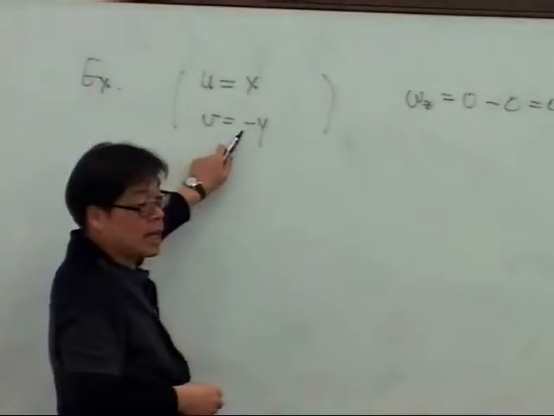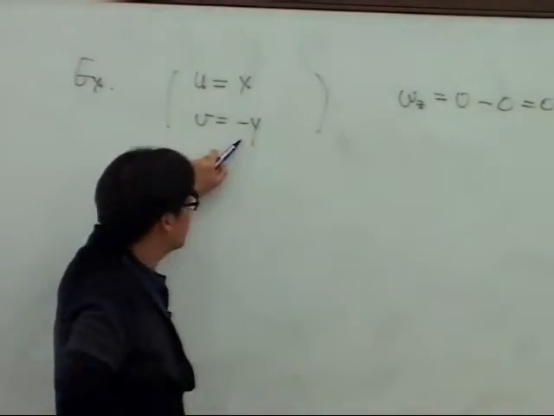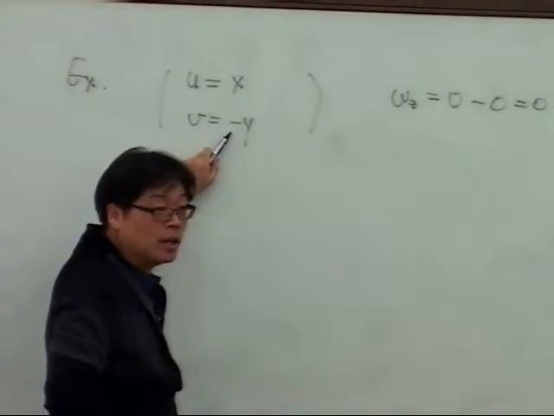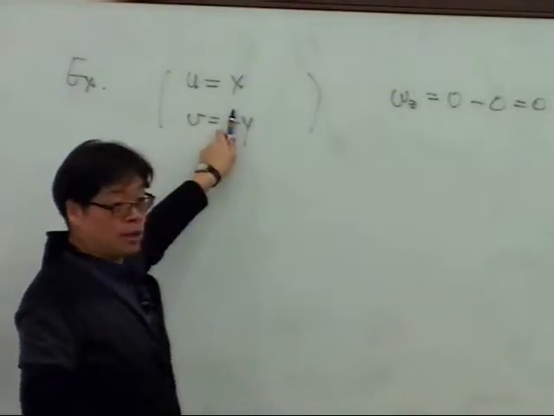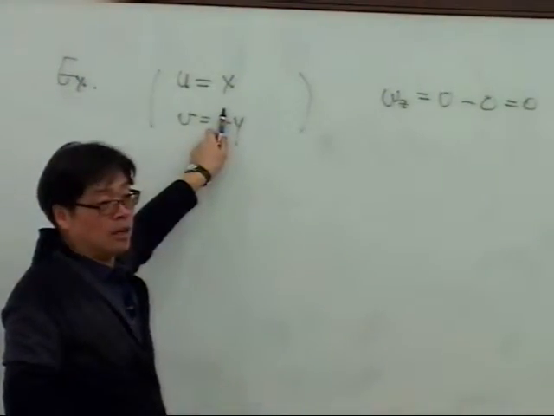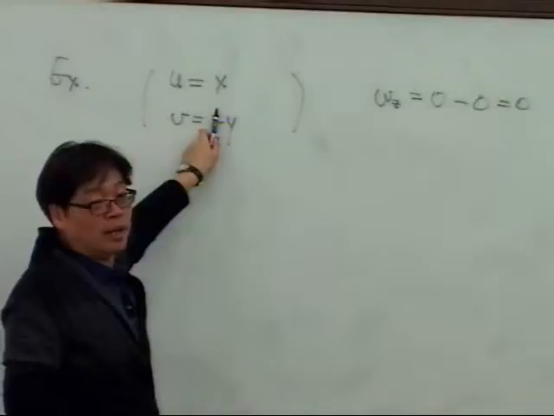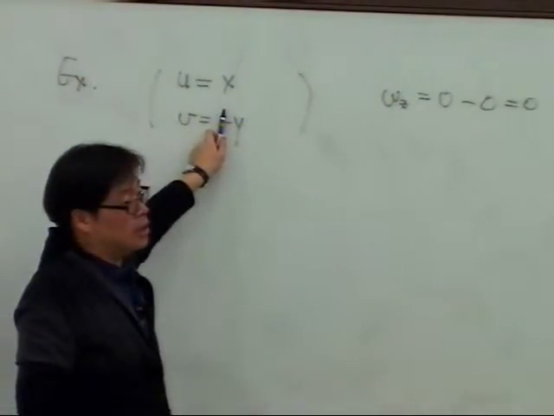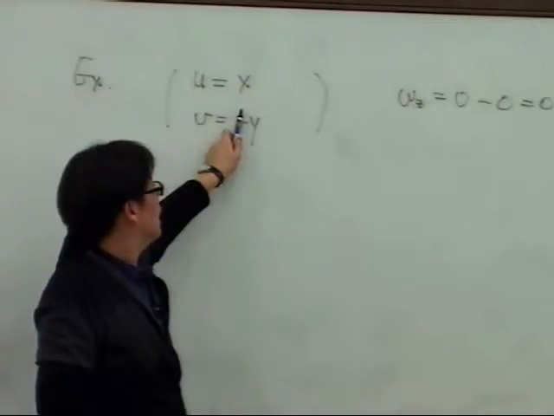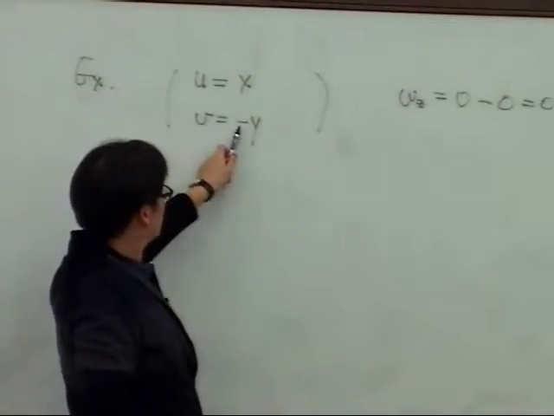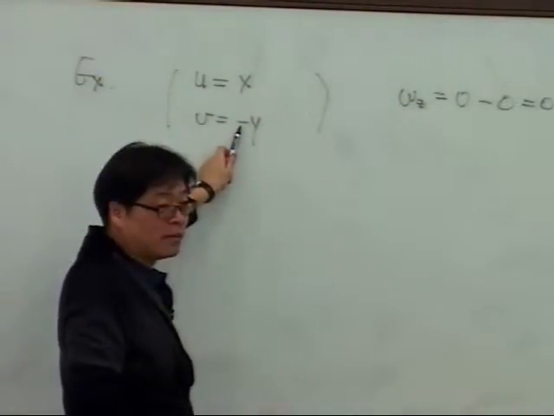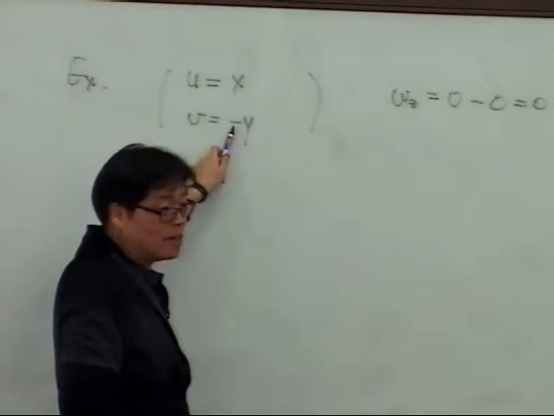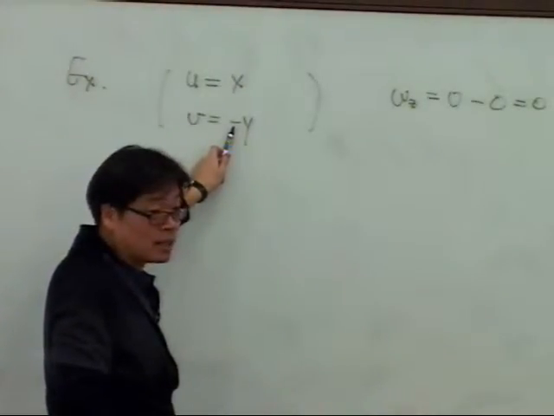Here I put a minus sign to make this flow realistic. If I have a plus, I'm in trouble, right? Why? Even if I wrote v plus y, I would still have zero vorticity because v doesn't depend on x.